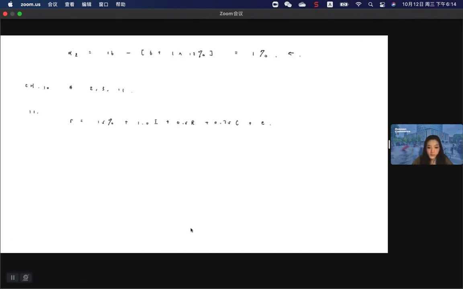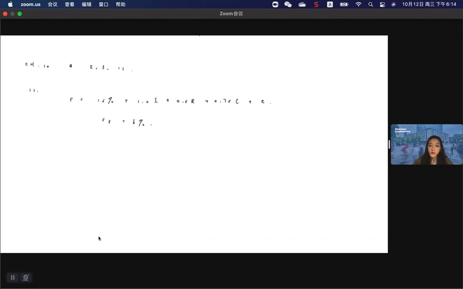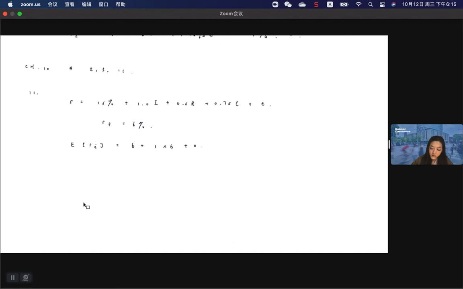And we are asked to find the equilibrium rate of return on the stock using the asset pricing theory. If the RF equals 6%, is the stock over or underpriced? Let's see. So if we just plug in all the numbers, 0.5 times 2 plus 0.75 times 4, this is 16%.